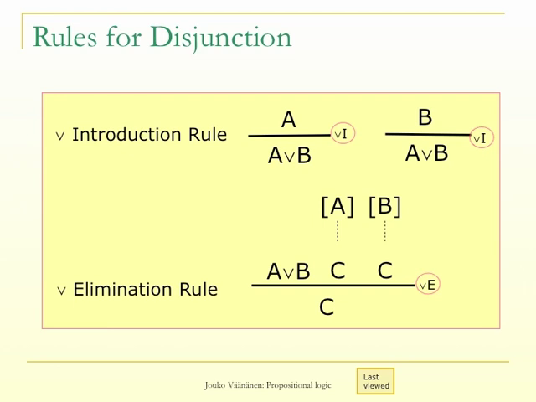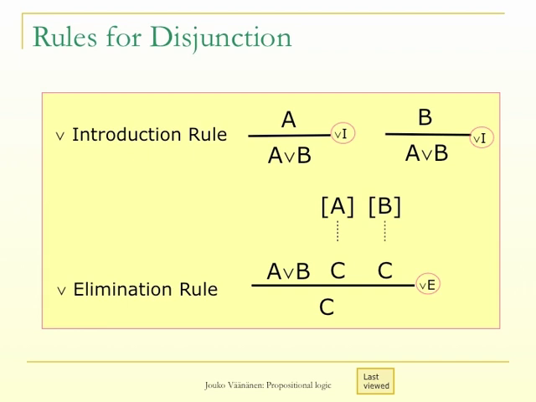The assumption is A or B, then we take A as a temporary assumption and derive C, and we take B as a temporary assumption and derive C, and then the conclusion is C. And the temporary assumptions A and B can be eliminated.